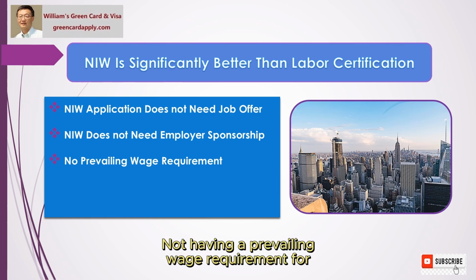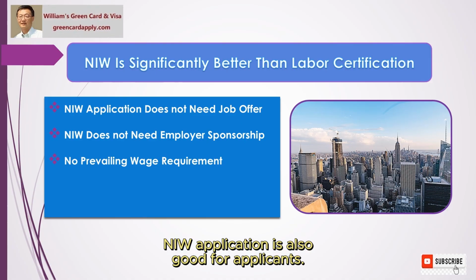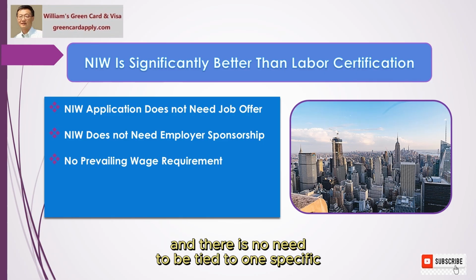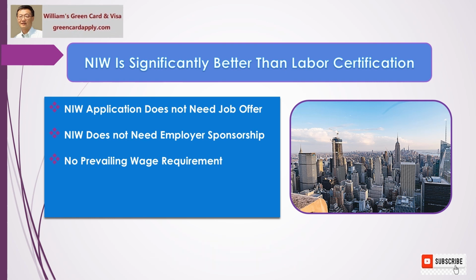Not having a prevailing wage requirement for the NIW application is also good for applicants. It is beneficial because you can get the NIW approved much faster, and there is no need to be tied to one specific sponsoring employer, which allows for flexibility.